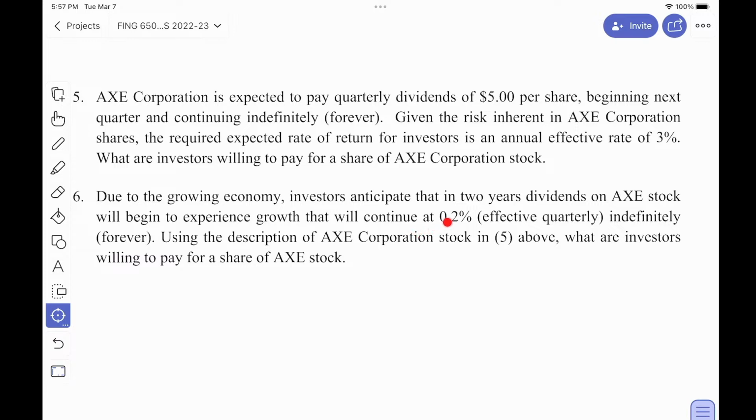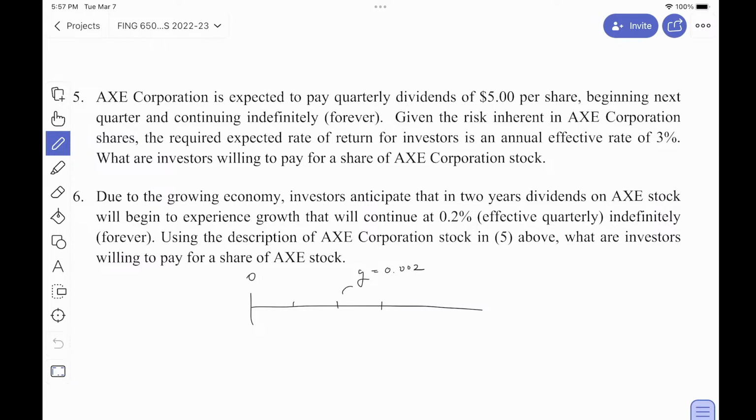All right, so in 2 years, after 2 years, the growth rate is going to kick in to be 0.002 or 0.2%.